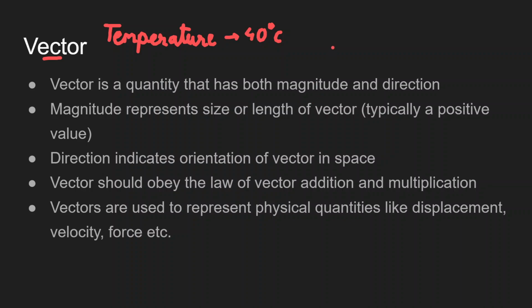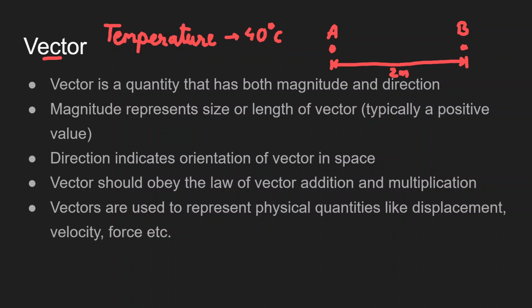Now suppose I have another example. Let's say I have a point A and I have a point B somewhere over here. So these two points are separated by a distance, let's say by 2 meters.